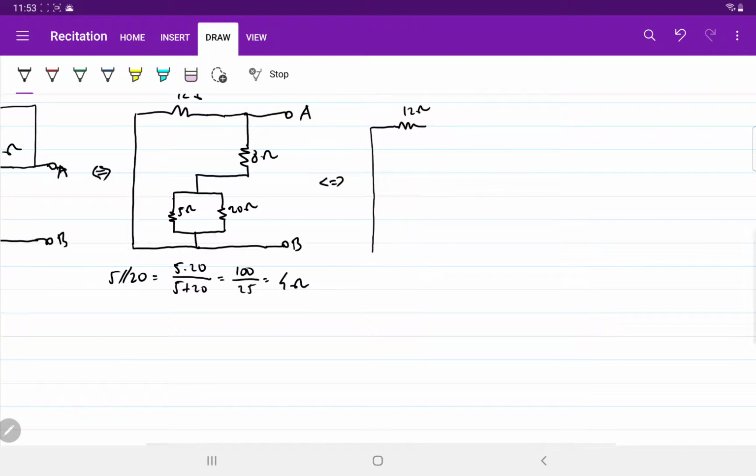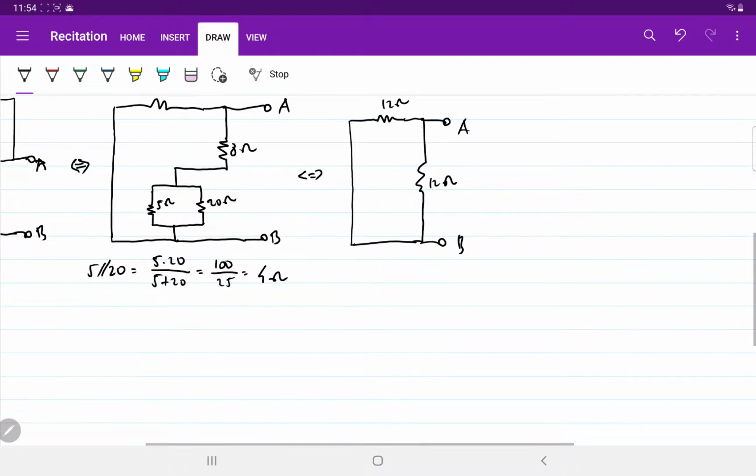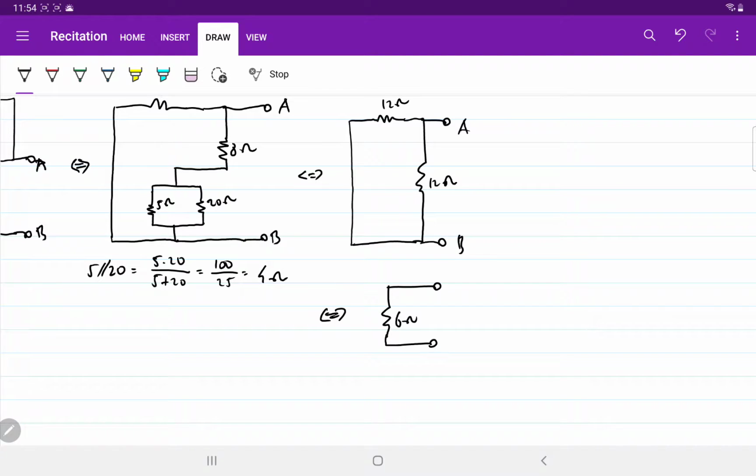So we have 4 ohms, but this 4 ohm is in series with the 8, so we have another 12 ohm. Wonderful, because now we have a 12 ohm resistor in parallel with 12 ohm, so the total resistance is just 6 ohm, right? You get half of the resistance.